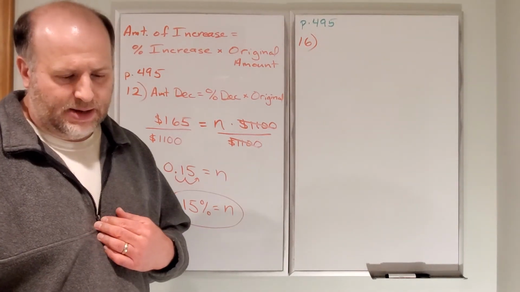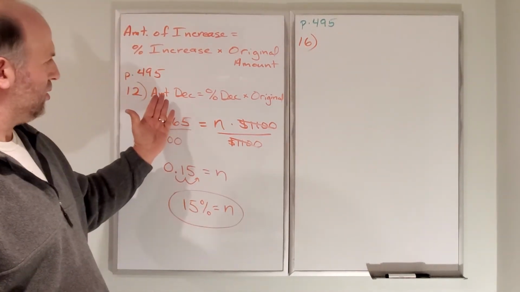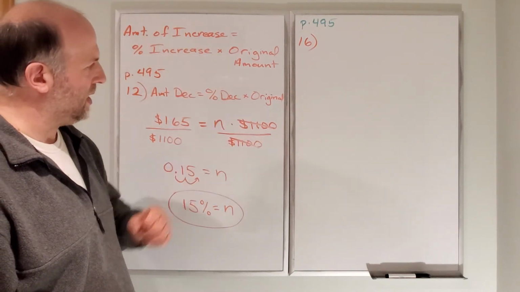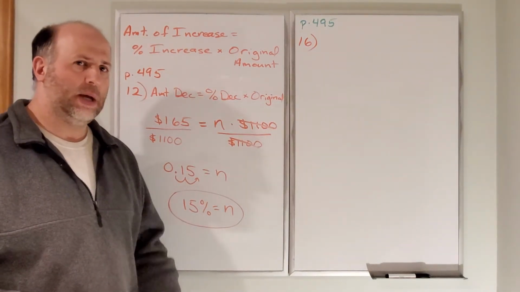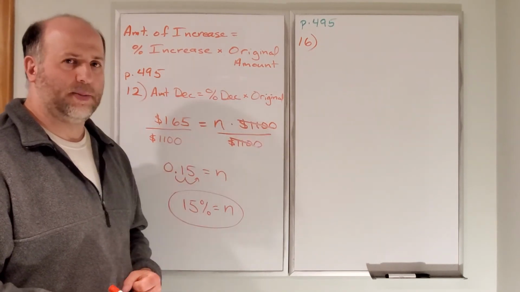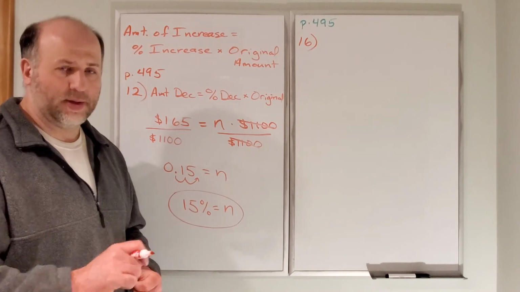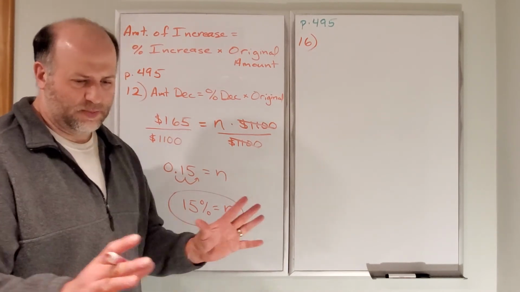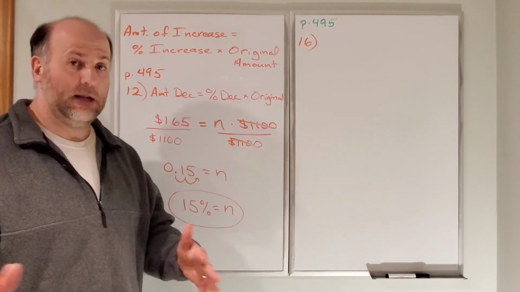So how is that going to look here? Well, again, we have this relationship. The amount of decrease is equal to the percent decrease times the original price. In problem 16, they gave us both the percent decrease and the original price. They told us the list price, which is kind of lingo in certain sales, meaning the original price.